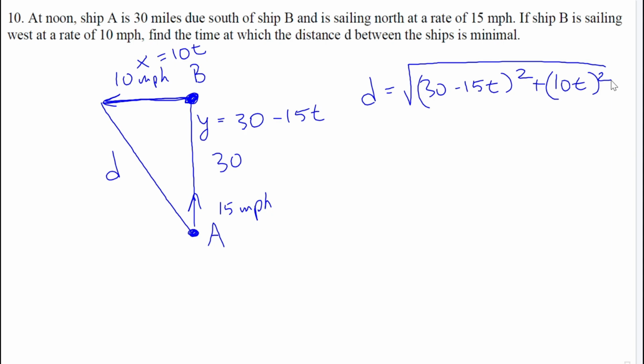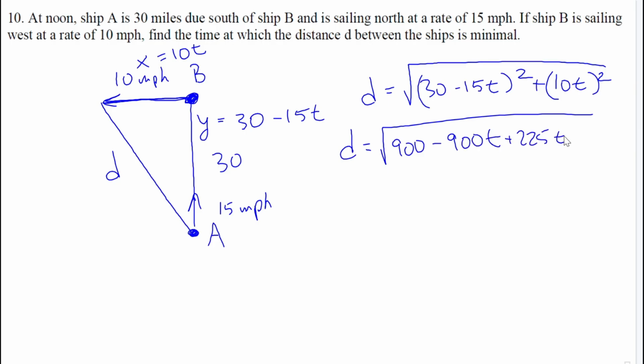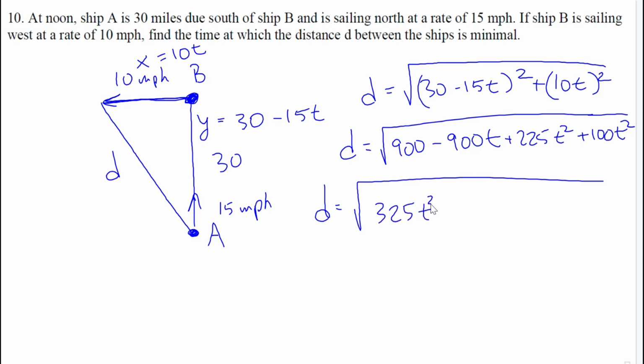And so our distance then, if we work through all of that, should end up being the square root of 900 minus 30 times 15 times 2 would be another 900t plus 225t squared plus 100t squared. Right, so our distance then becomes the square root of 325t squared minus the 900t plus the 900.